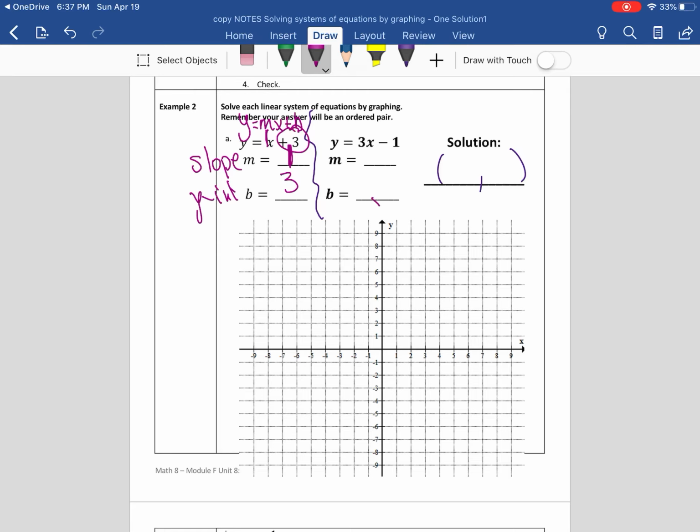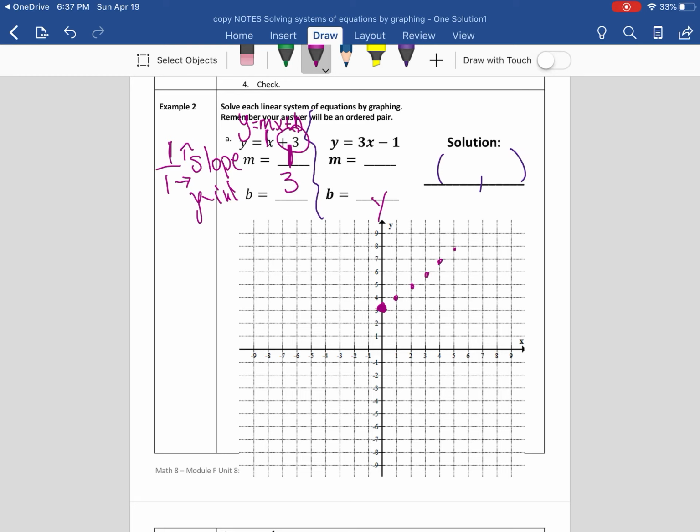So let's graph it. Where do I start? I start at the positive 3 on my y. So, all right, got my dot on my y-axis. Now I can start with my pattern. What's my pattern? My slope, it's a 1, which is the same as 1 over 1. So I'm going to go right 1, up 1. Now put your points on here, right 1, up 1.